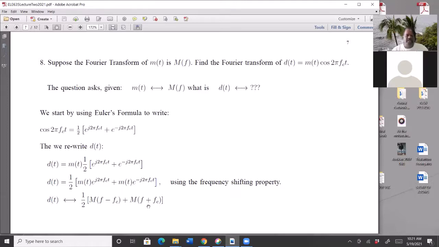So in the frequency spectrum diagram, if this capital M has a particular shape, say triangular or rectangular, after modulation you will see two triangular or rectangular shapes, one around f c and one around negative f c. I'll show you a diagram when we actually go to amplitude modulation.